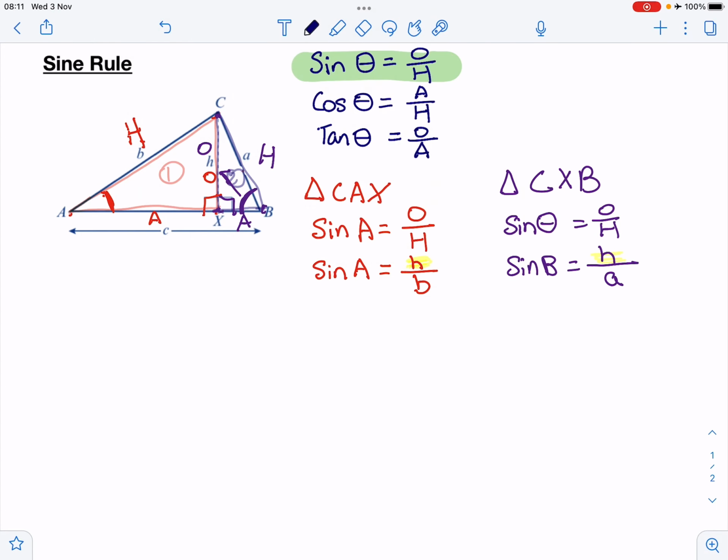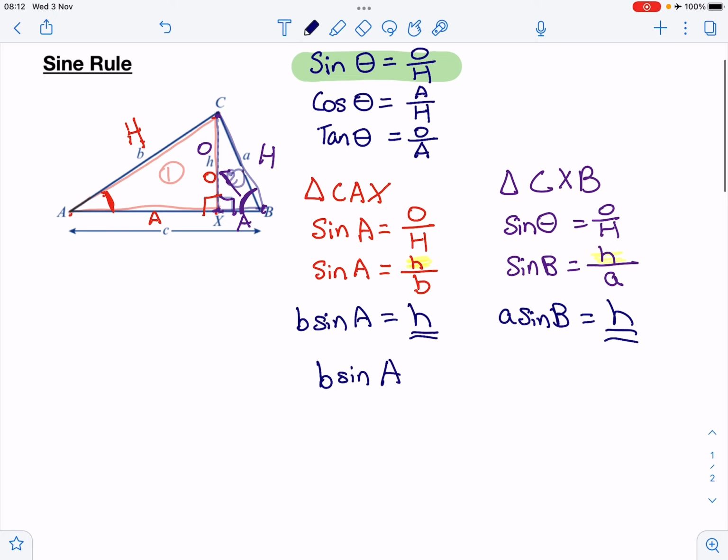Making H the subject for the first one, we have B sine A equals H, and for the second one, we have A sine B equals H. So now you can see we have H in common, and therefore we know that B sine A equals A sine B.